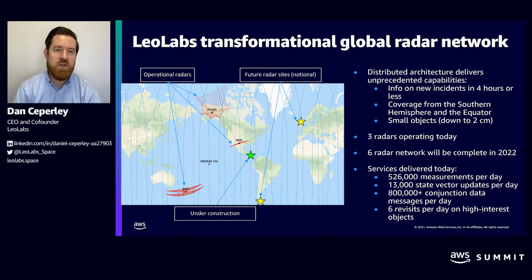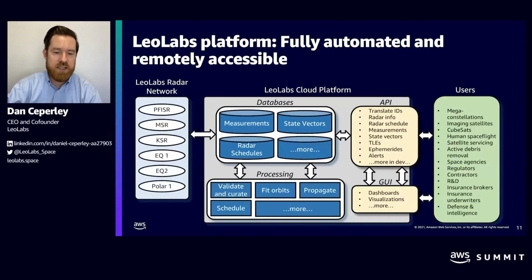And we're producing over 800,000 conjunction alerts. And conjunction is the term the industry uses for potential collision or risky situation. And for any high interest events or high interest satellites, we're able to revisit those, check in on them up to 6 times per day.